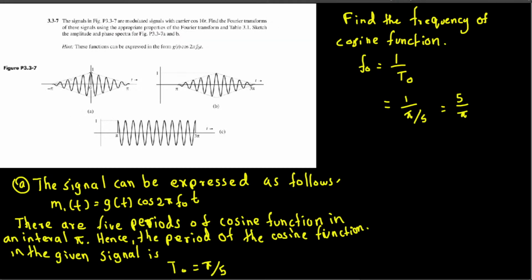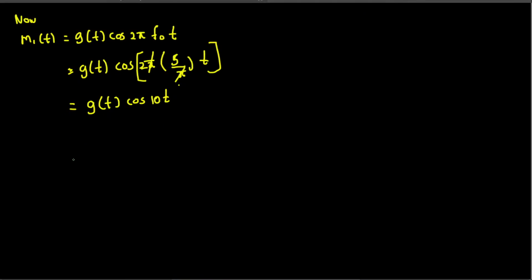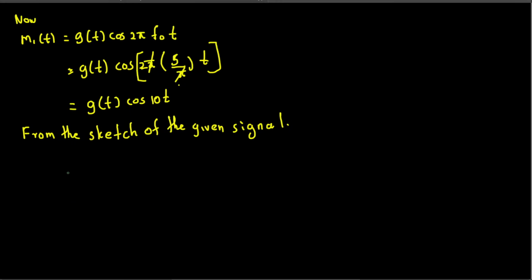Also, if you look at this first graph, it is a triangular shape. So from the sketch of the given signal, g(t) is equal to triangular t over 2π.